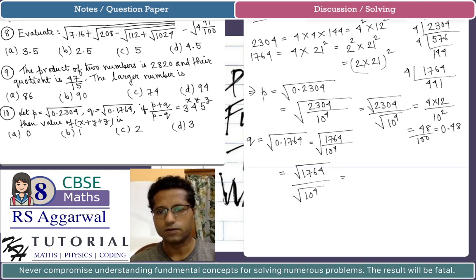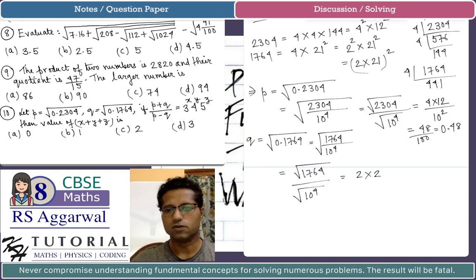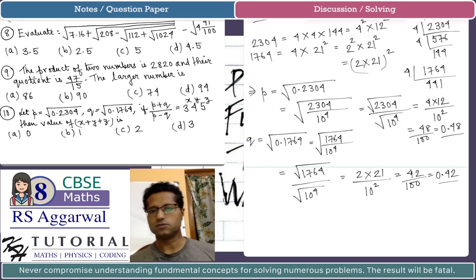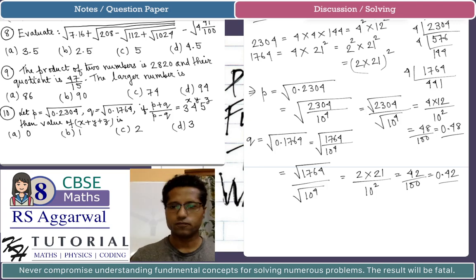Now the square root of 1764 will be 2 multiplied by 21, because 1764 is equal to 2 multiplied by 21 whole square, and the square root of 10 to the power 4 is 10 square. So this is equal to 42 by 100, which is 0.42. So we have P as 0.48 and Q as 0.42.